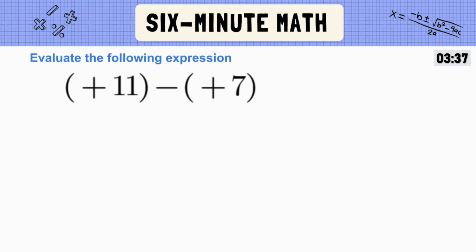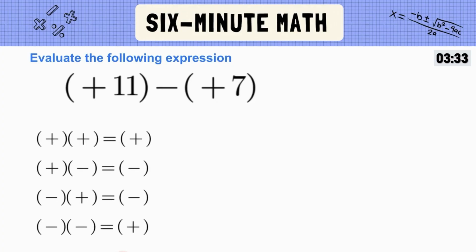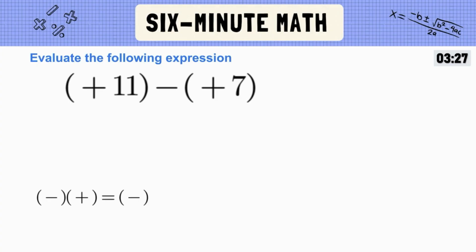Let's evaluate positive 11 minus positive 7. Again, I am subtracting a positive, which means I will be just subtracting that second number. My first number is going to remain the same, and we are going to subtract that second number. Positive 11 minus 7 is equal to 4.